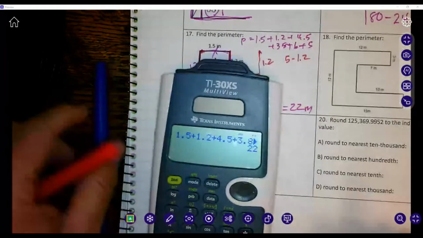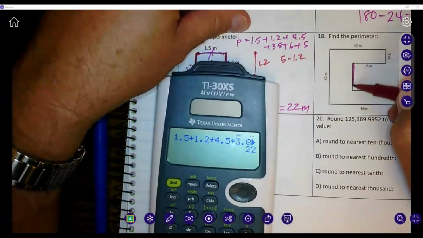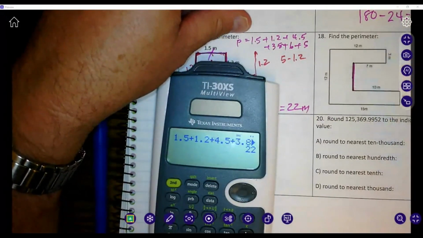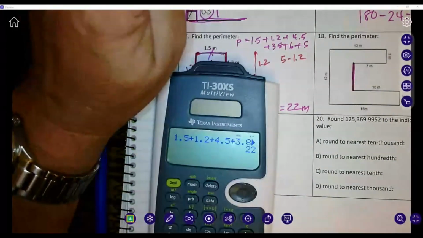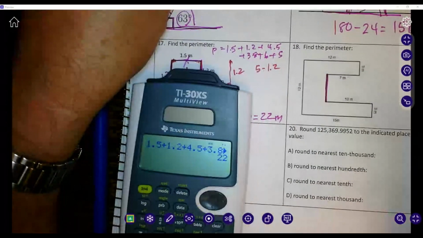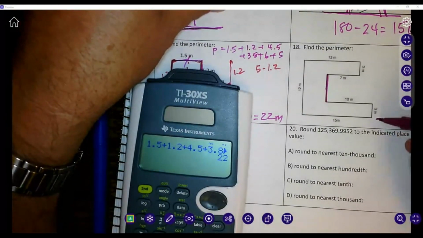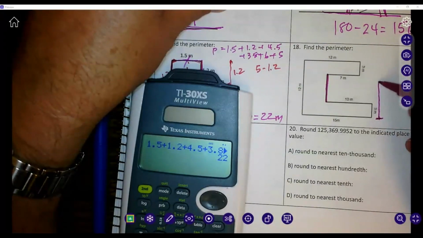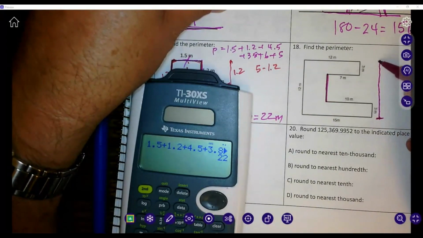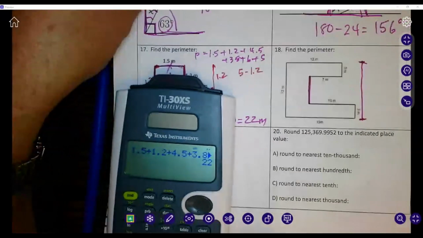All right, let's look at number 18. The only missing side is this one right here. Well, let me ask you this. How long is it from here up to here?